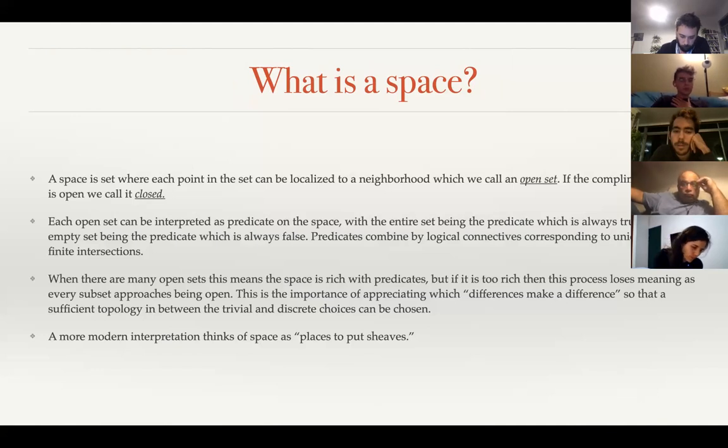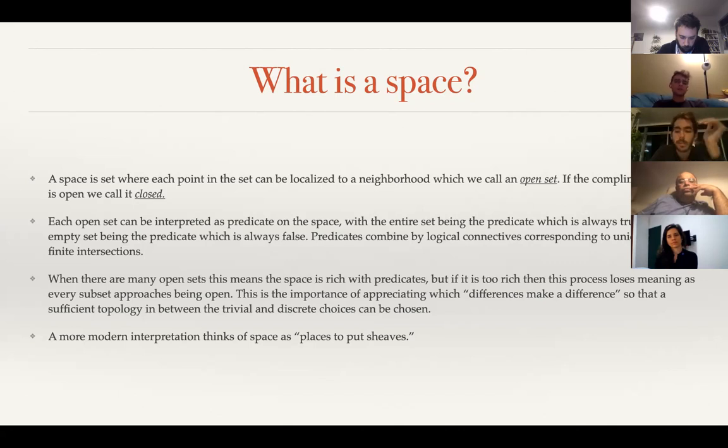But now let's do some topology. Let's give a general idea. This is going to be a little more simple, I guess. When we think about space, the most important notion is that of localization to a neighborhood. When there's a space, rather than just a set, which has no additional structure, for each point in the space we need to know what it means to be nearby that point.